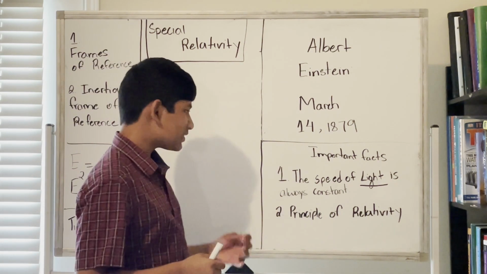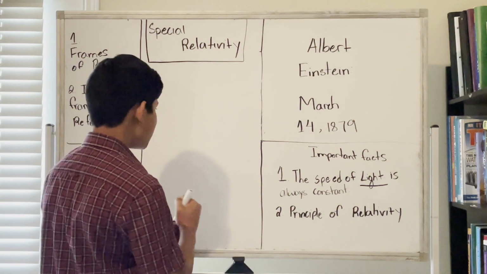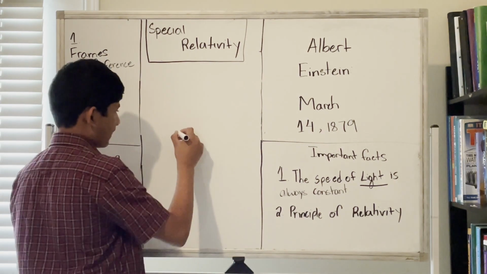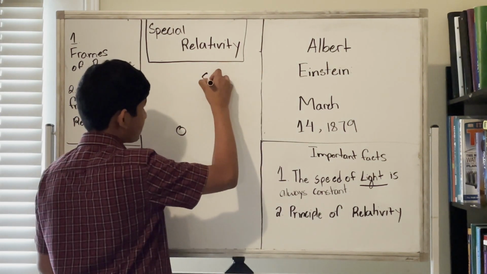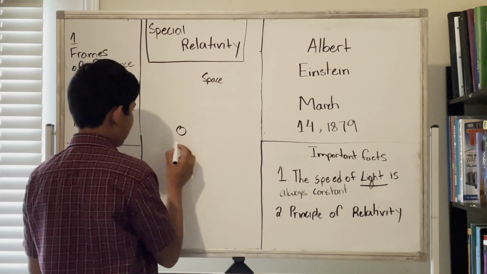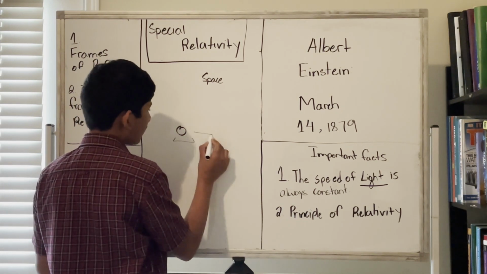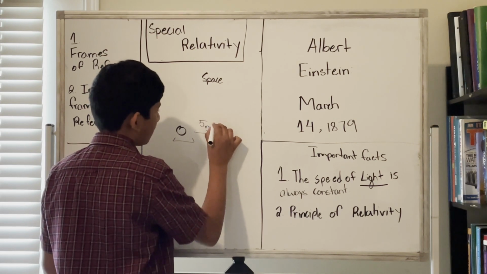The principle of relativity is pretty simple. So the principle of relativity states that if we take two objects, let's just say a ball, and let's just say we're in space, and then someone throws the ball in space. So the ball is moving at a velocity of, let's just say, 5 miles per hour.